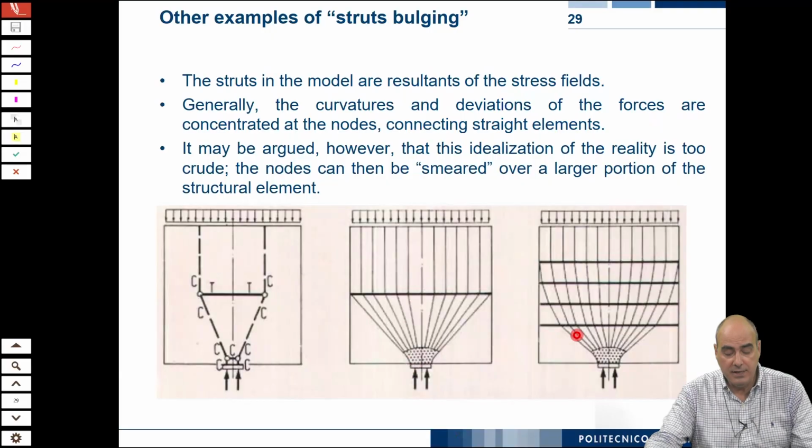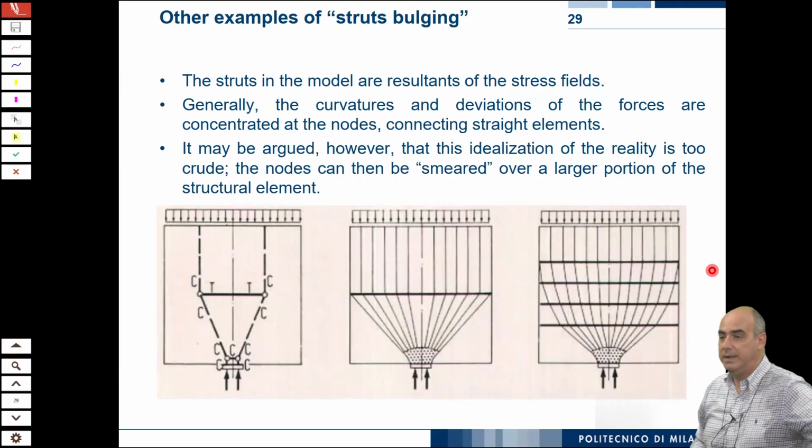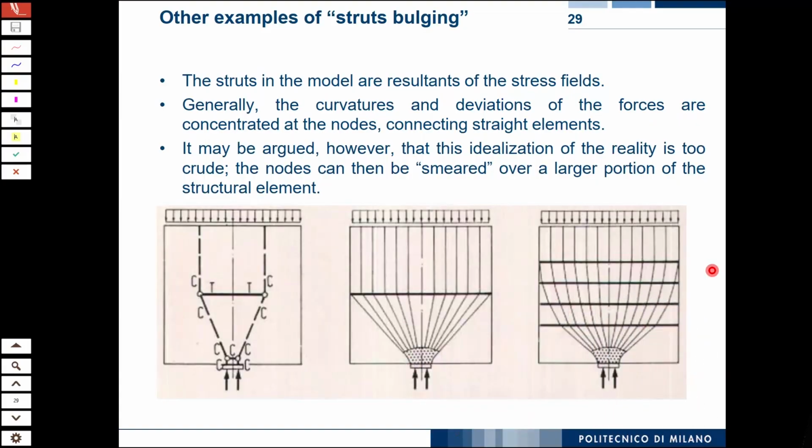And you understand from this figure, you see these are reinforcement. Well, why do you put them there? Look here, you have this force, and in order to spread, it takes a curved path. Here it's vertical. Here it starts going inclined. What does it mean? It means that it starts having a horizontal force. That horizontal force causes tensile stresses in the concrete.